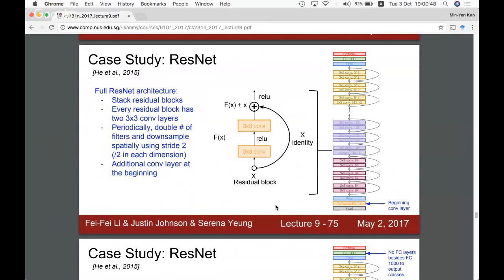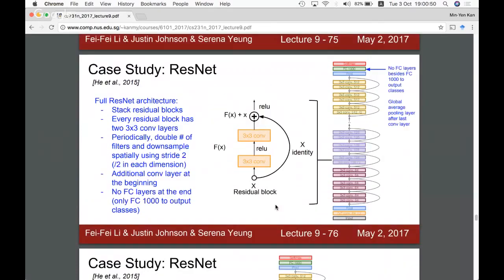There are no fully connected layers at the end, only a fully connected layer of 1000 to output the classes.